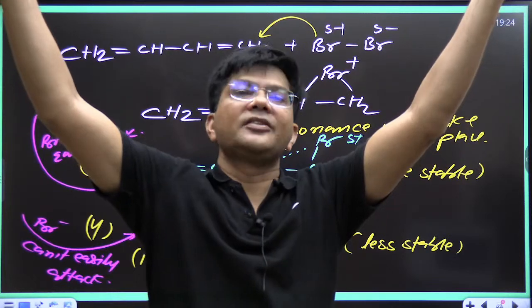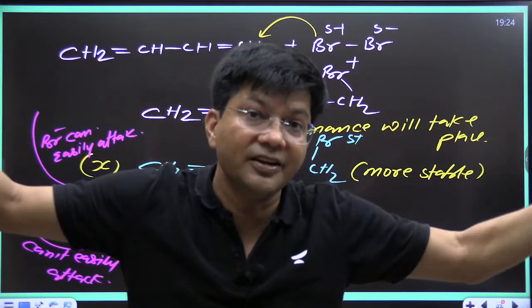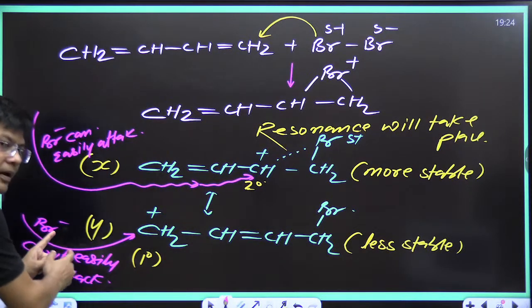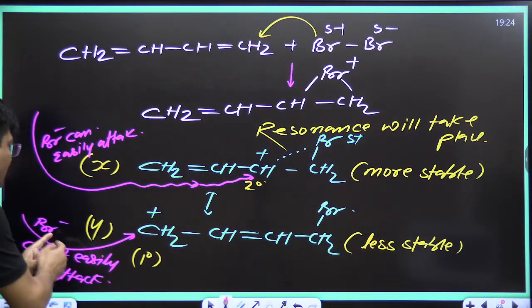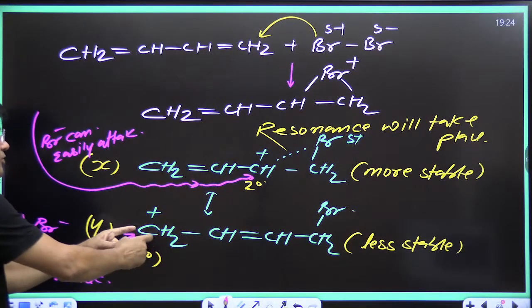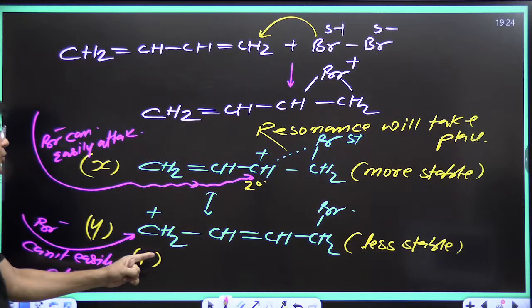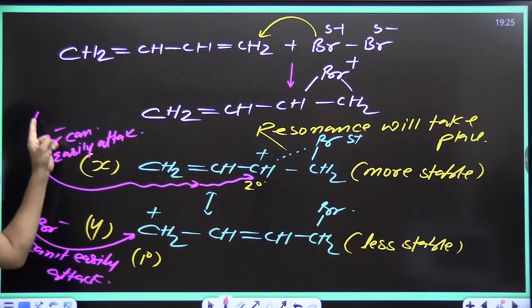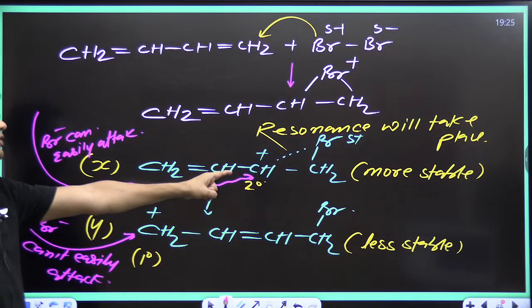So, the one who is having energy, if the energy is available, the ultimate source of energy, the sun energy, the heat energy. At higher temperature, if the energy is available, then maximum Br negative will follow this path, and this path will give you 1,4 addition product, because this is the tough path. It requires a lot of energy, and if the temperature is less, maximum people will opt for this path.